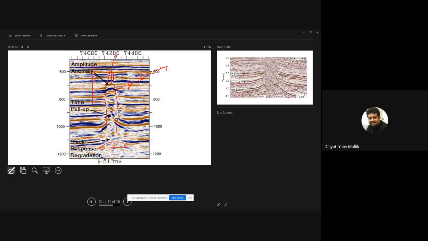Now, I don't want to push carbon dioxide in such a reservoir where there is an existing gas chimney. Geologically, there is an existing gas chimney in the subsurface, right? That is not a place where I would like to push my carbon dioxide.